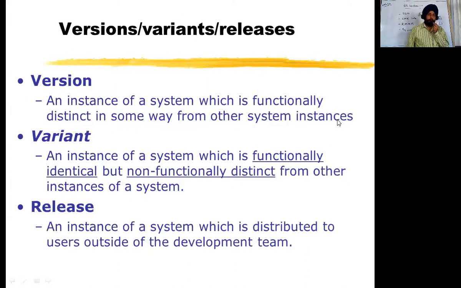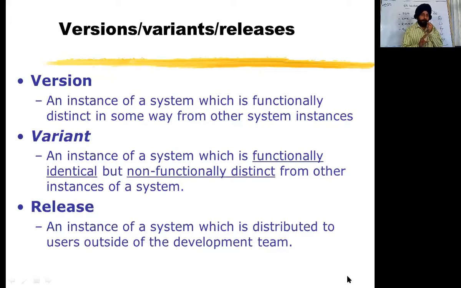So what is the difference between version, variant and release? Just go through this slide, a very important slide. A version is an instance of a system which is functionally distinct in some way from other systems. You can think of it in the form of classes and objects. An object is an instance of a class. Similarly, a version is an instance of the overall software.